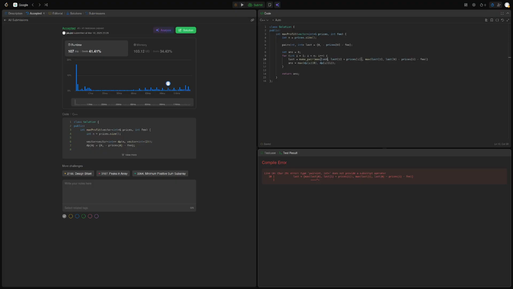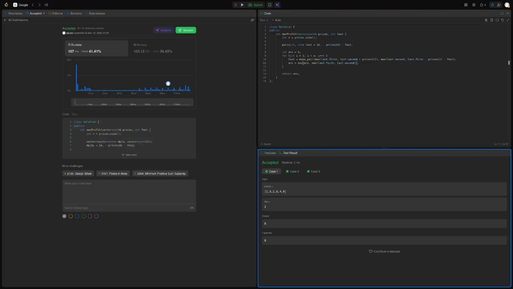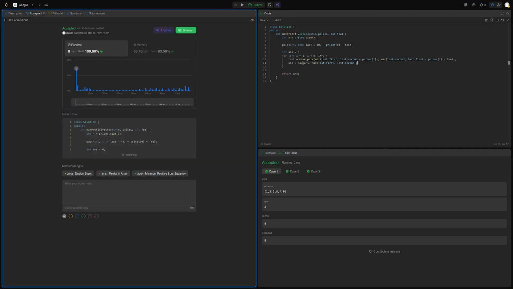Invalid subscript operator, great. Let's see if this will be faster.